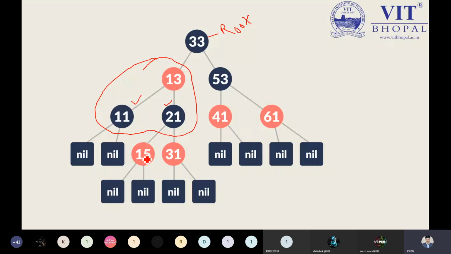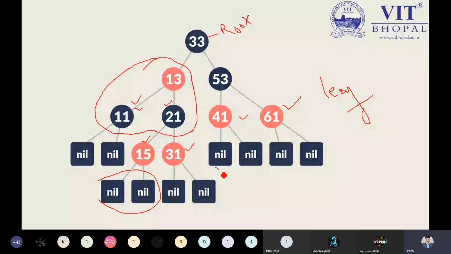Now, talking about the null nodes, 15, 11, 31, 41, and 61 are the nodes recognized as leaf nodes. I am repeating once again, these are known as leaf nodes. As for the nil node, after 41 there are no more children connected, so that is represented by nil.